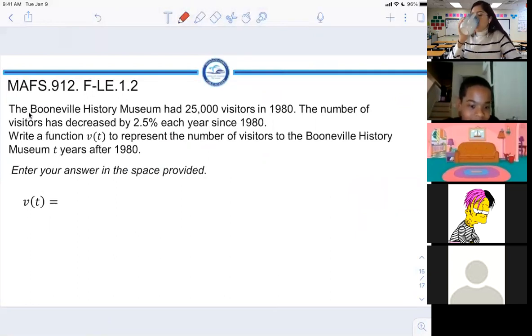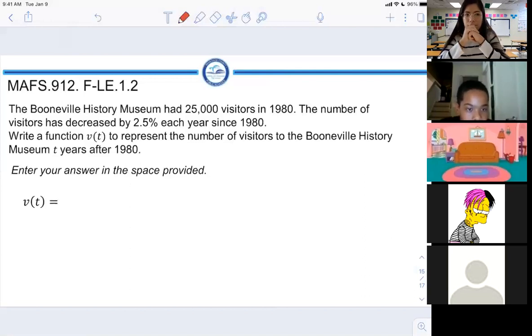The Boonville History Museum had 25,000 visitors in 1980.